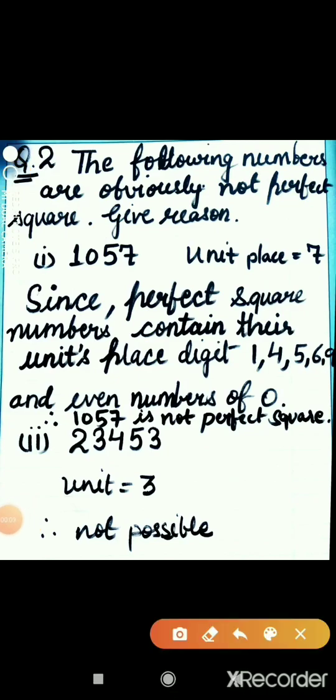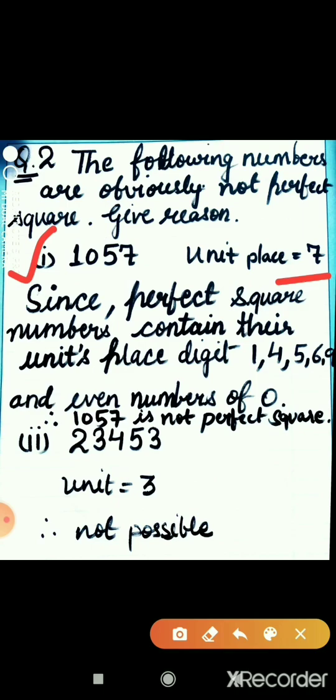Question number 2. The following numbers are obviously not perfect square. Give reason. Part 1, 1057. The unit place of 1057 is 7.